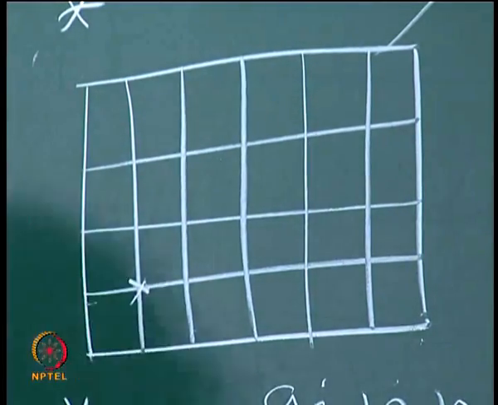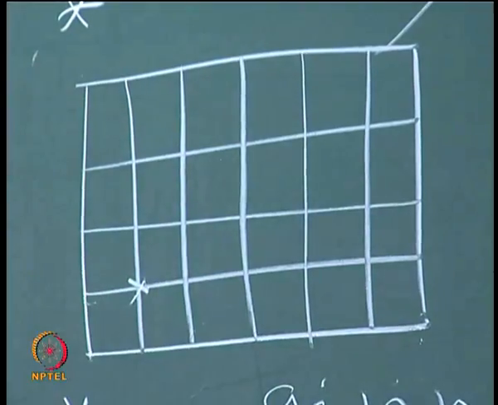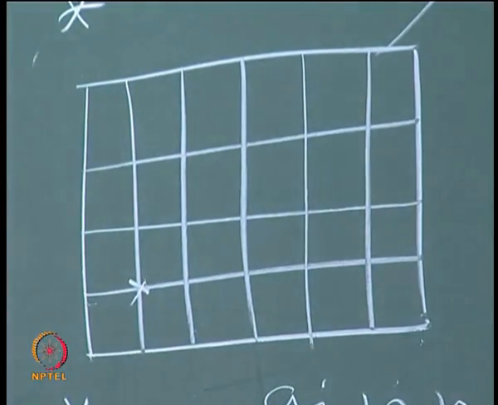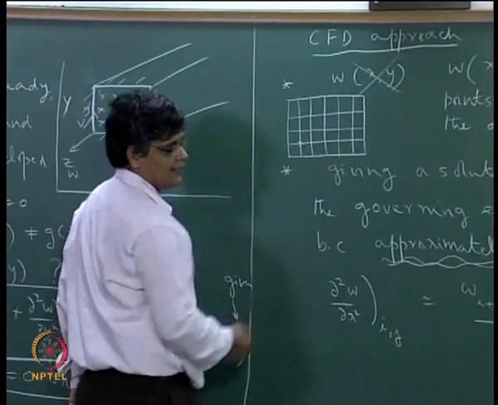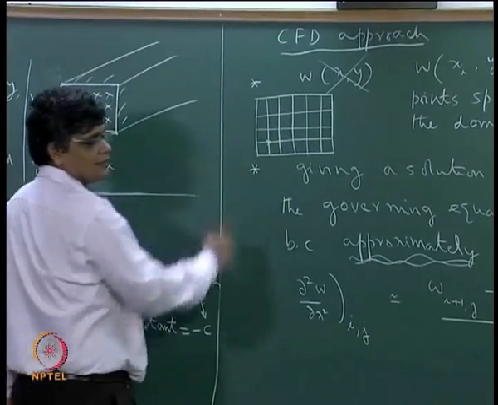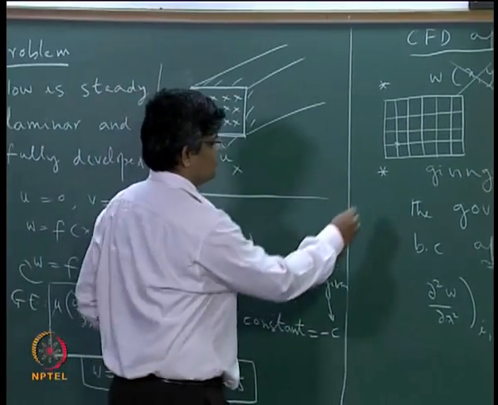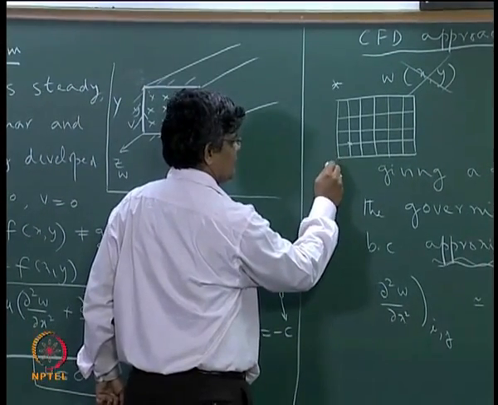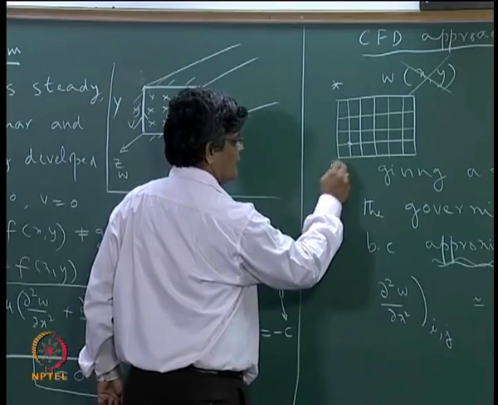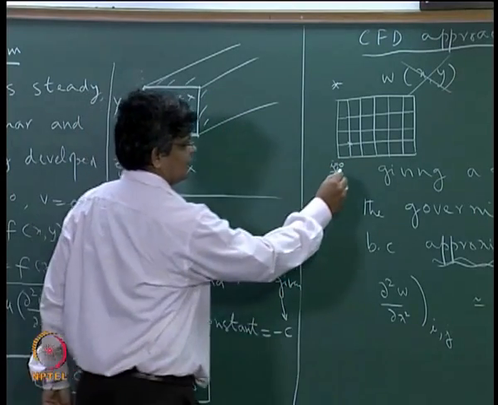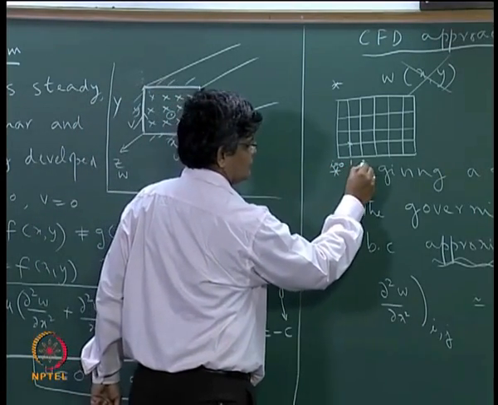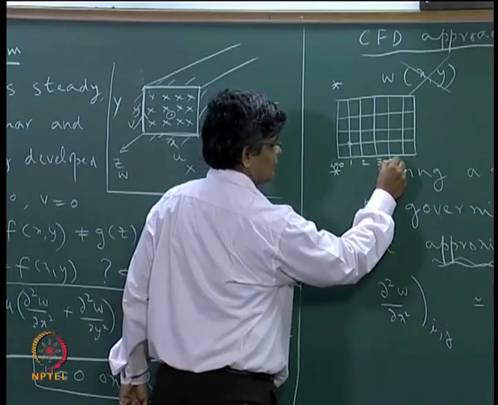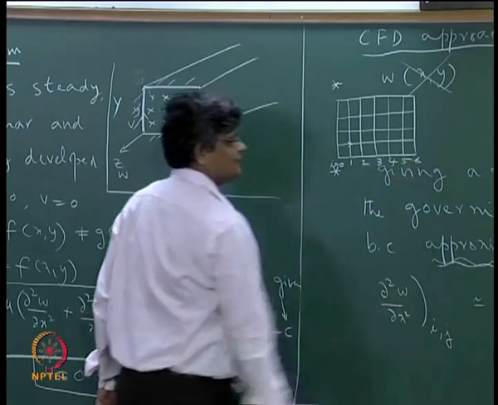The i and j here denote the ith constant line in the x direction and the jth constant line in the y direction. So for example, we can put this to be i equal to 0, this is 1, 2, 3, 4, 5, 6.